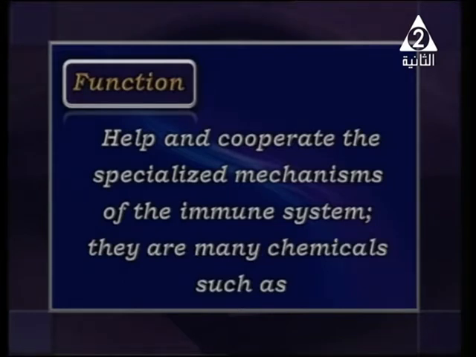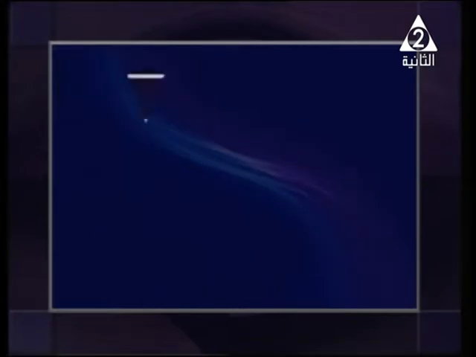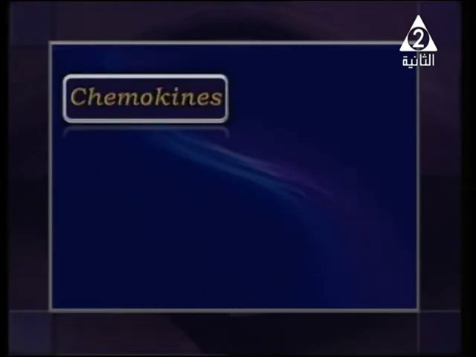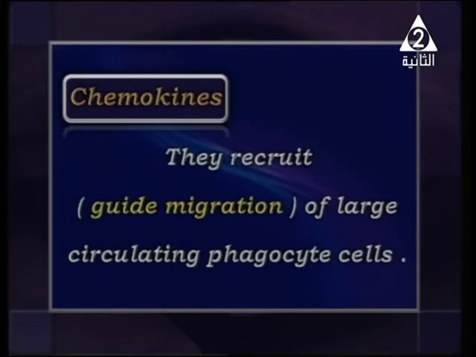There are many chemicals. For example, we have chemokines. They recruit or guide the migration of large circulating phagocyte cells. So they have an important role in the migration of these cells to deal with the pathogen.